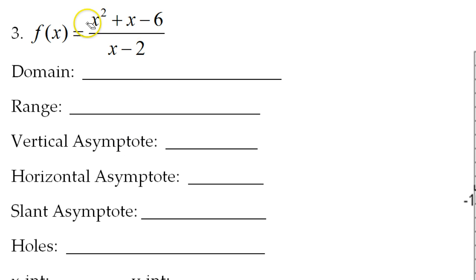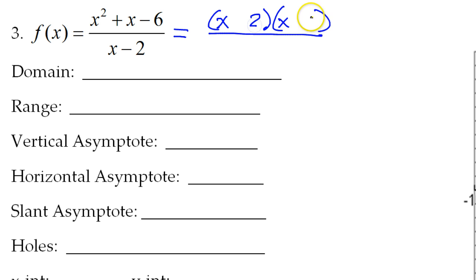So I really should always be checking to see if the numerator factors, and specifically if it makes the same factor as the denominator, because that's what's going to happen on this problem. So this is going to factor as, okay, x squared is x times x. 6, among other things, is 2 times 3.